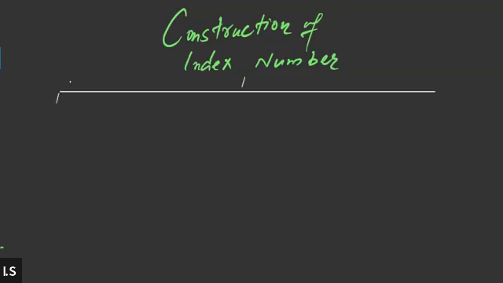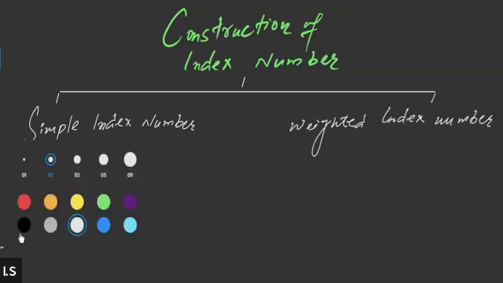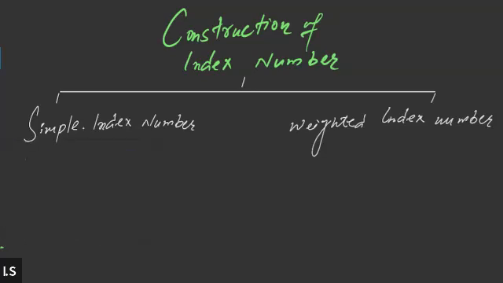One is called the simple index number, and the other type is called the weighted index number. So these are the various types of index number, simple or weighted.